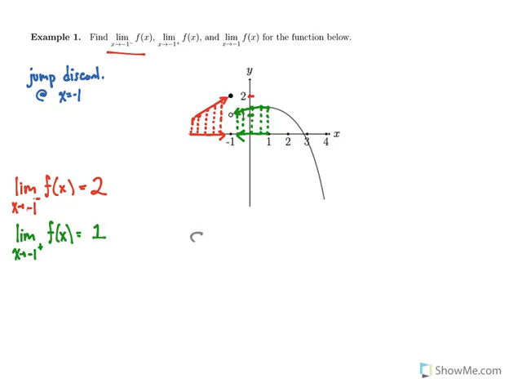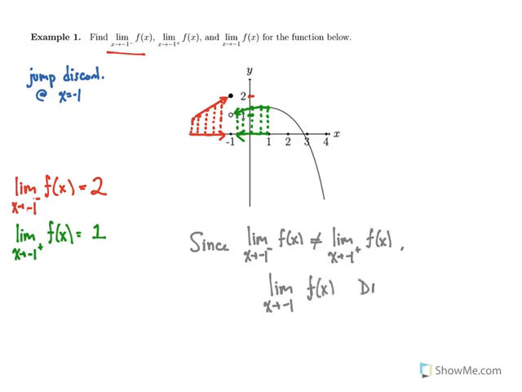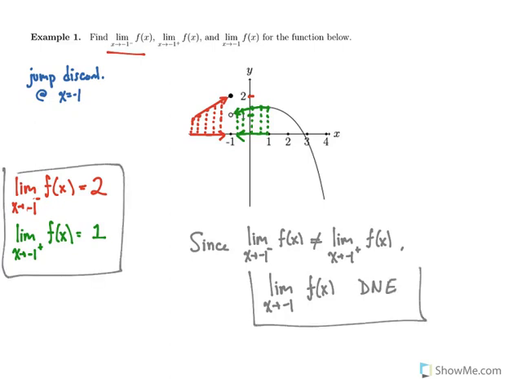So then, since the left-hand limit and the right-hand limit are not the same thing, then the ordinary limit as x approaches -1 of the function does not exist. So there are our 3 answers that we are looking for.